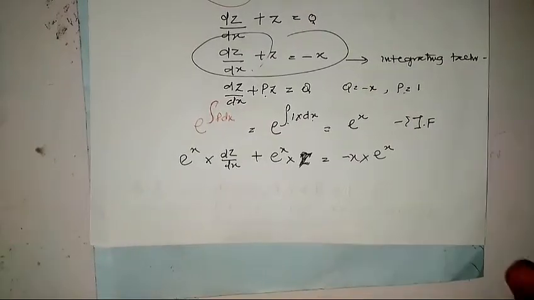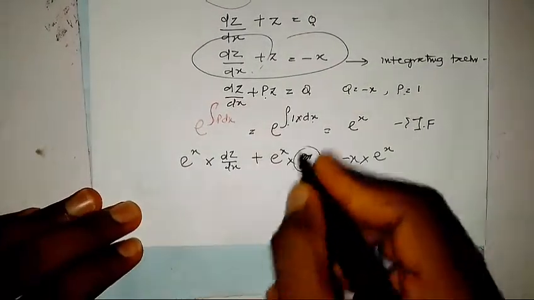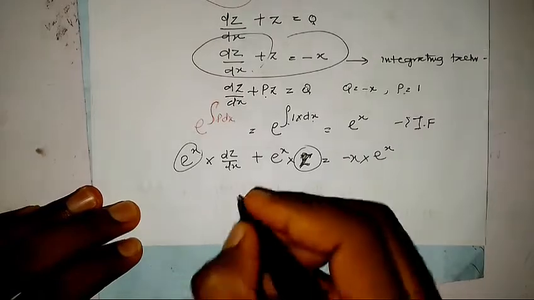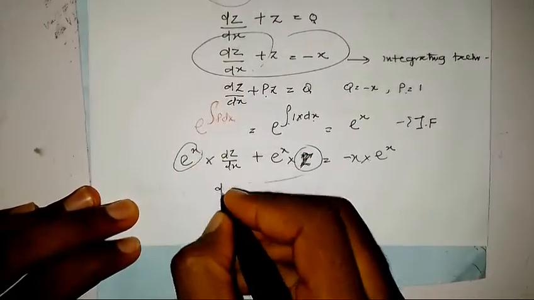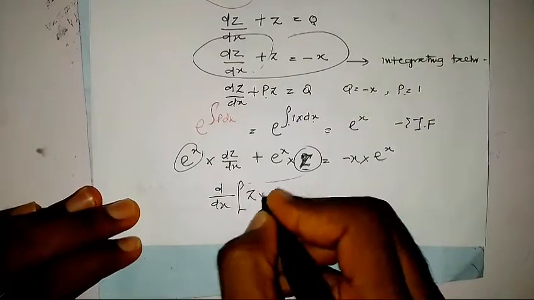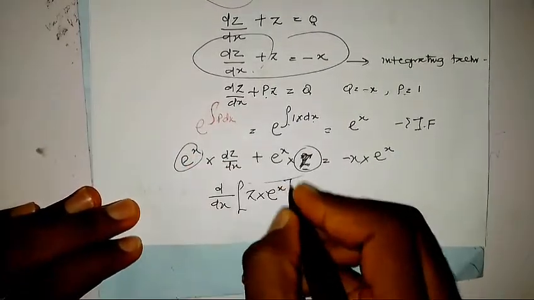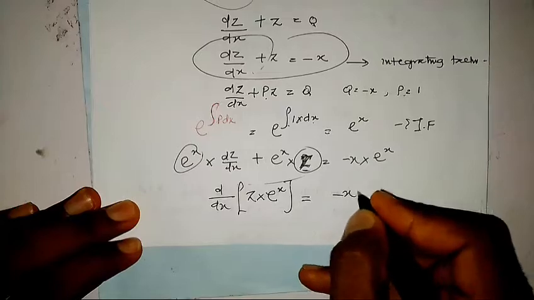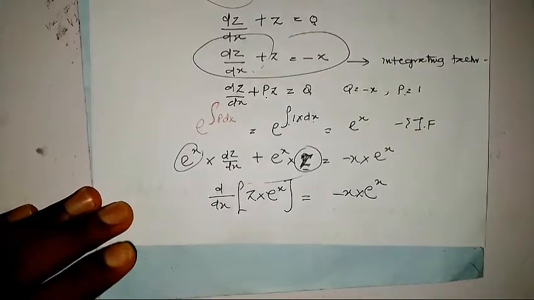If you can recall our integrating factor method, we simply take my independent variable and my integrating factor. So this can also be written as the derivative of my independent variable, which is z, and my integrating factor, which is exponential x, which is equal to minus x times exponential x.